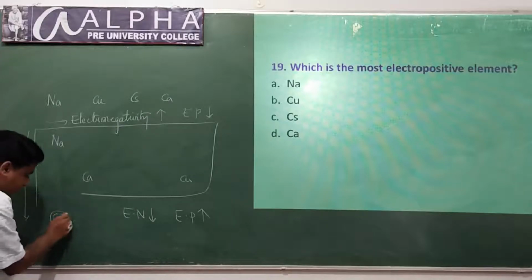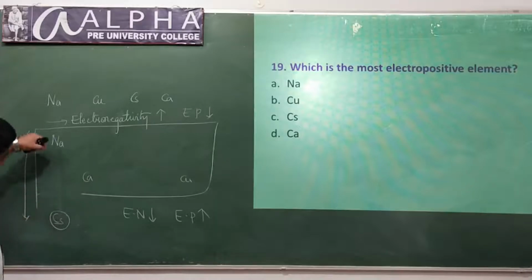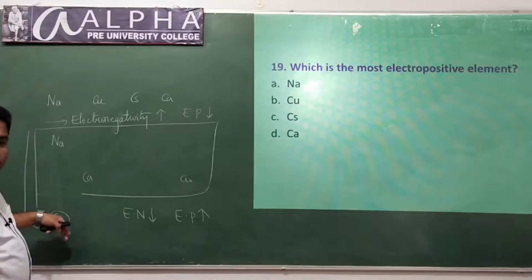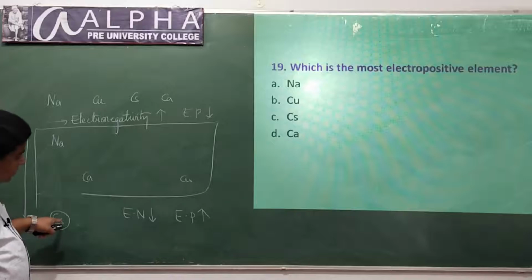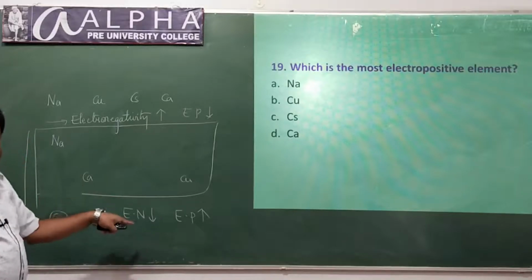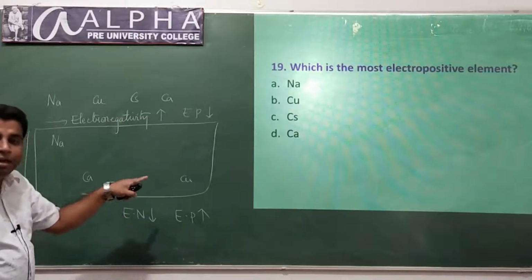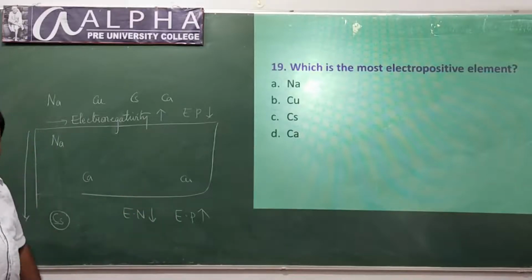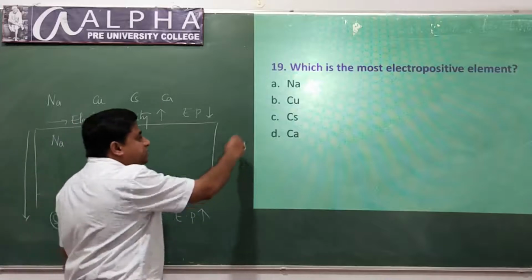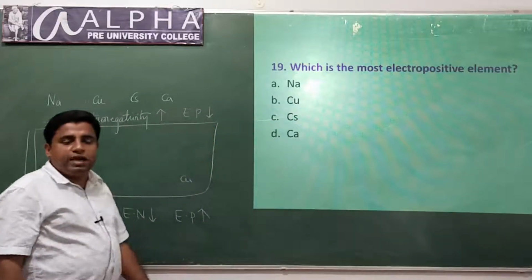It is cesium, the element at the bottom of the periodic table. That means it has least electronegativity, and so it has maximum electropositivity. Hence the most electropositive element is obviously cesium.